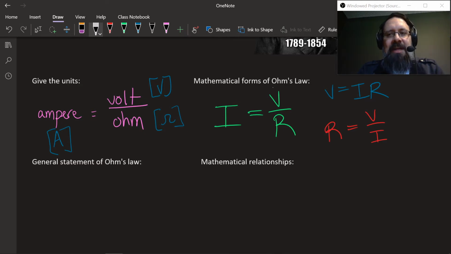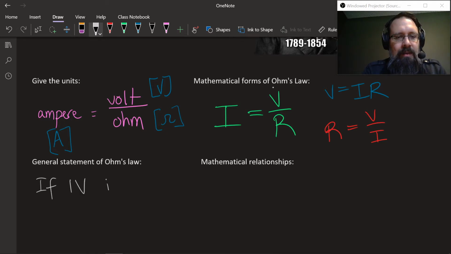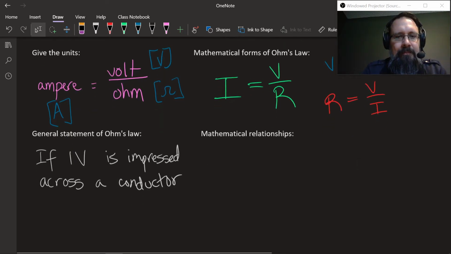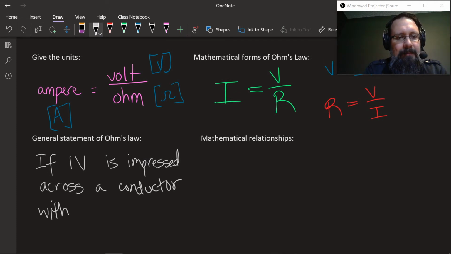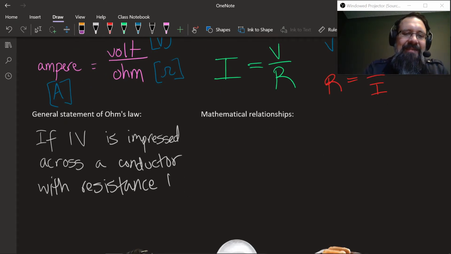If we want to write out a general statement of Ohm's law, what we can say is this. If 1 volt is impressed across a conductor with resistance 1 ohm, I cannot draw an ohm at this angle.